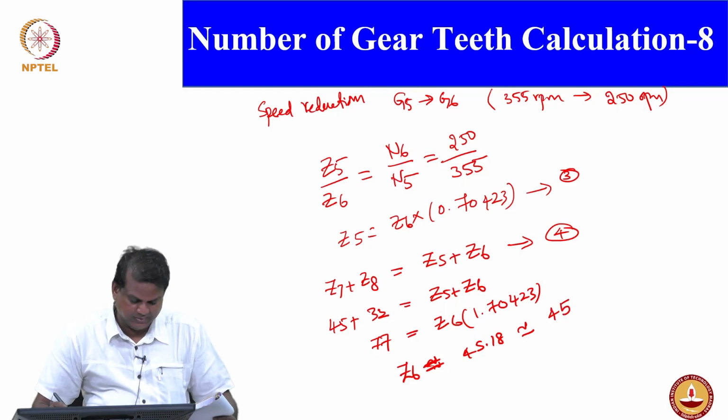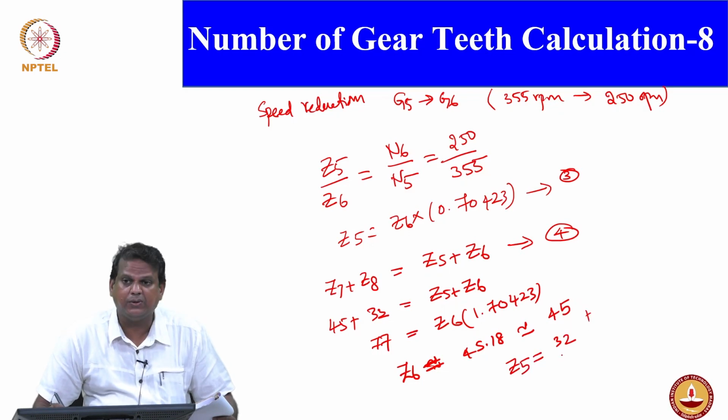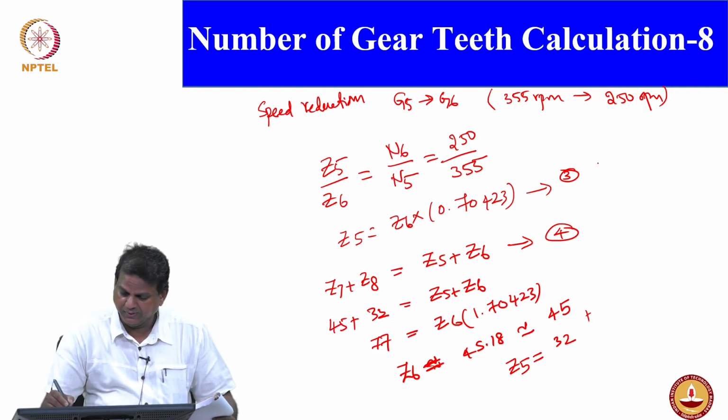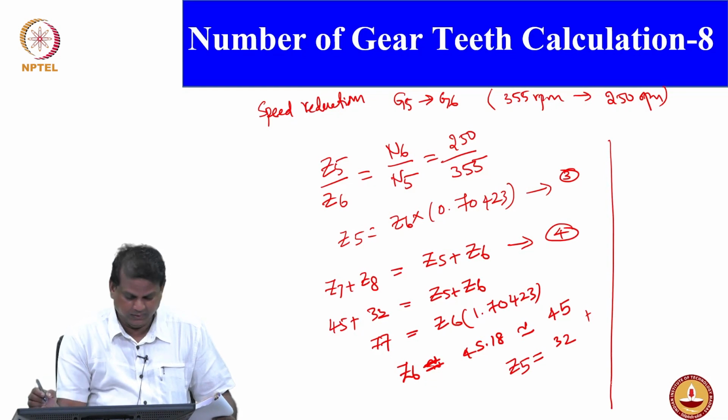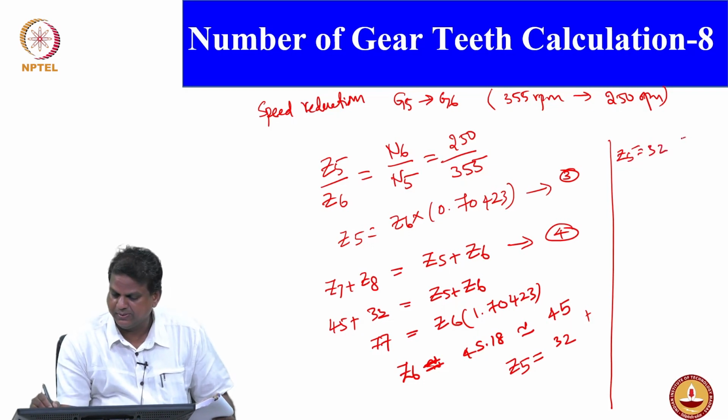Then the Z5 would be what? 32. So if you look at the summation, the 45 plus 32, it should give me 77. Okay, so that's also satisfying. In fact, if you summarize, you will have Z5, 32, Z6, how much is coming? 45, right?